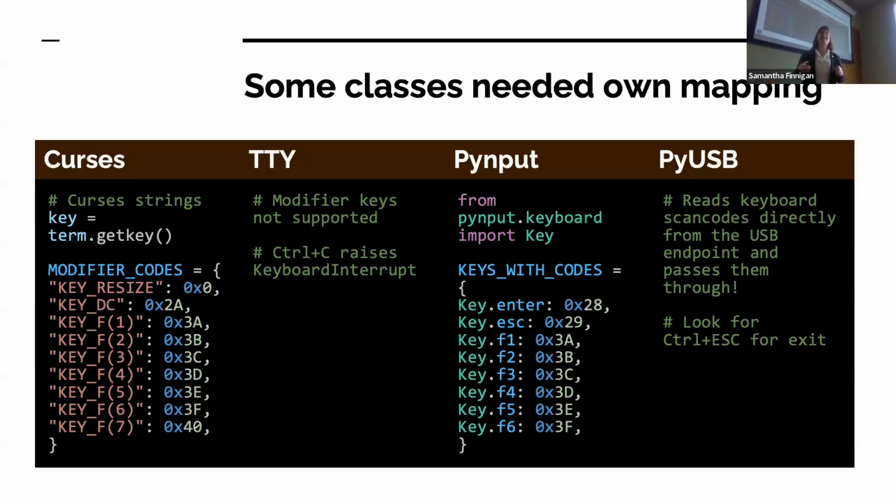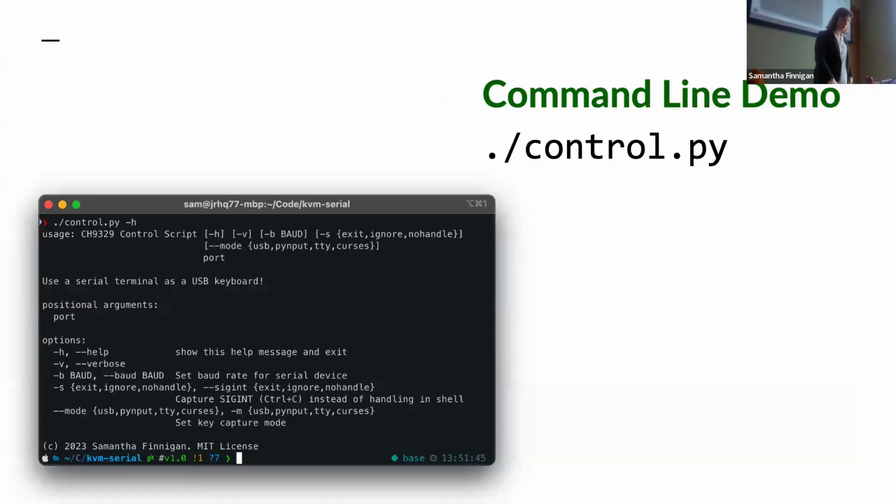It's kind of like an ASCII representation that you can push directly through. But then things like curses give you literally a string of the key that you pressed. So now you need a mapping to map that string into the right scan code. PyInput has its own enums, which you can also map. So a little bit extra work to support different kinds of thing there.